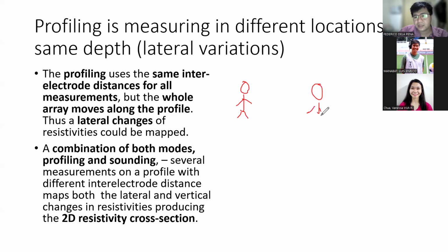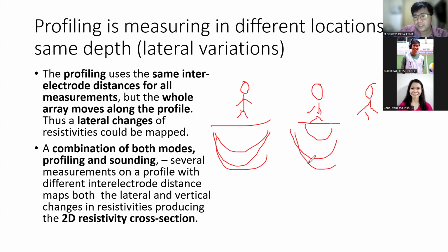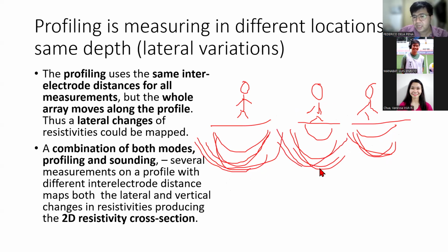Therefore, you are measuring different points of the subsurface. Okay, you're measuring at different locations while the depth is going to be the same. You're trying to measure different locations using the same electrode spacing so that you can get the apparent resistivity at different locations of the ground.